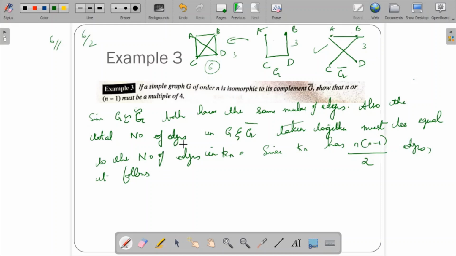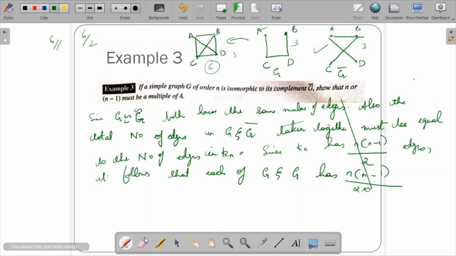So it follows that each of G and G bar has n into n minus 1 divided by 2 into 2 edges. Why? n into n minus 1 by 2 would give you 6, divided by again 2 would give you 3 of this and 3 of this. So it has n into n minus 1 divided by 2 into 2 edges.